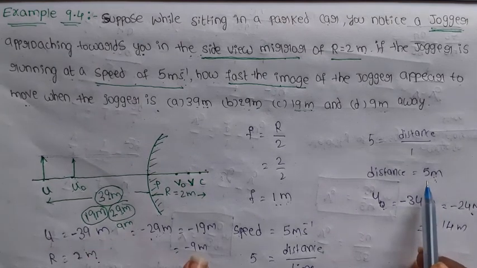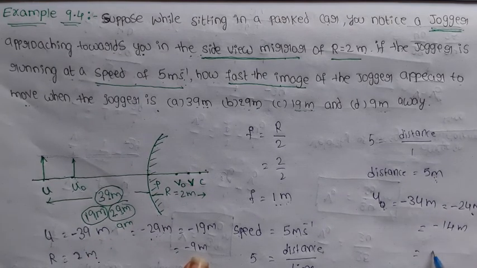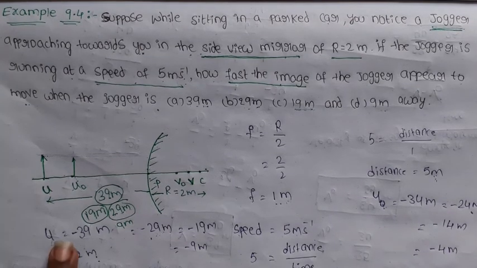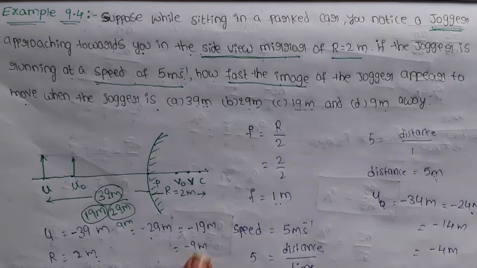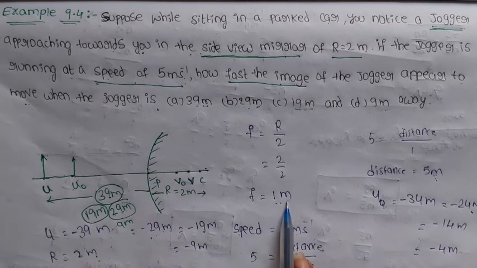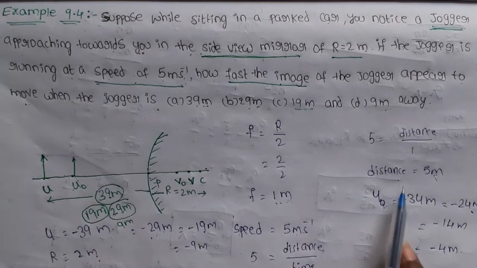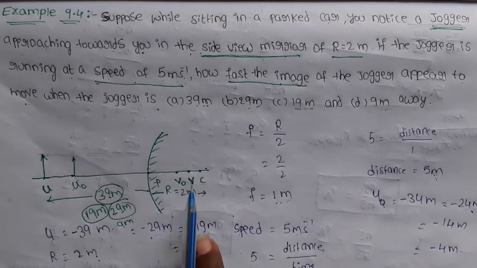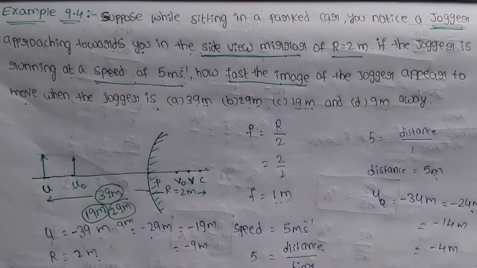Okay, so 9 minus 5 is 4 meter. So u equal to minus 9 meter, u naught equal to minus 4 meter. Okay, f value 1 meter, r equal to 2 meters. Find out the v and v naught value. You can try with the same procedure we already discussed in the earlier cases. Okay, I will tell the answer.